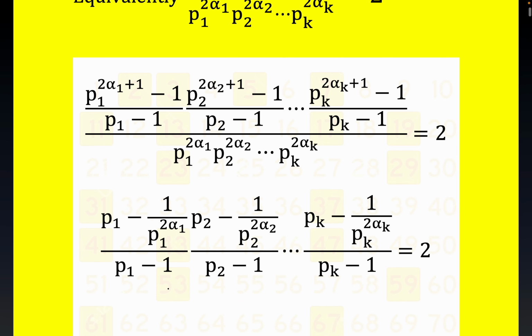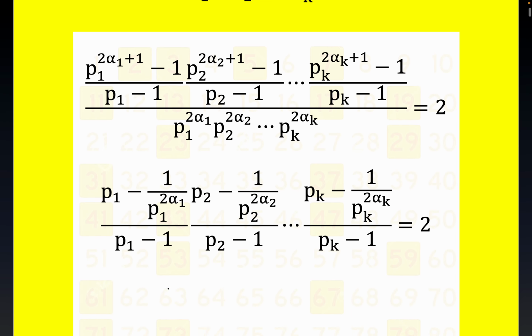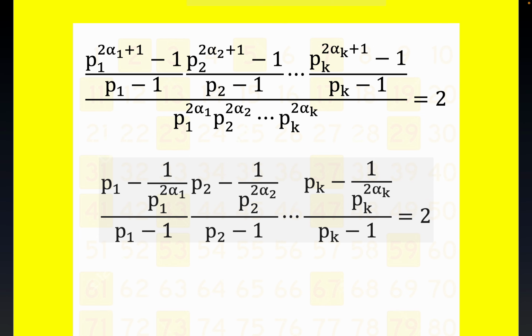Now what do you do about this? It still looks kind of messy, right? But one cool thing that we can observe right now, and I'll just circle this one, is that all of the numerators have this property. This is the numerator that we got by dividing this into this.